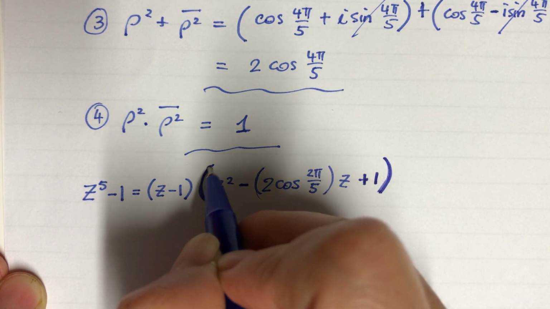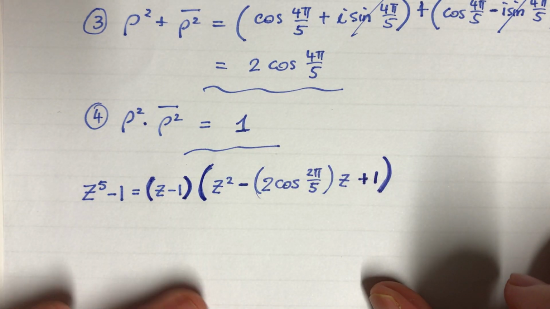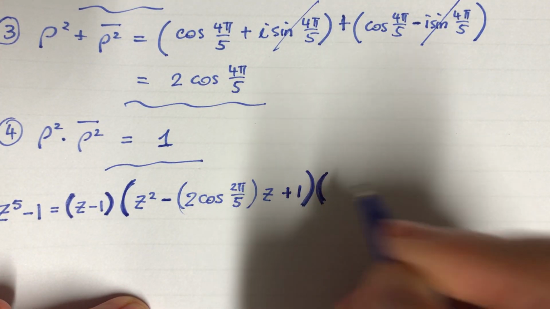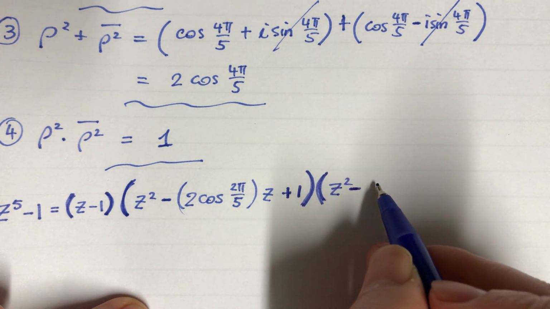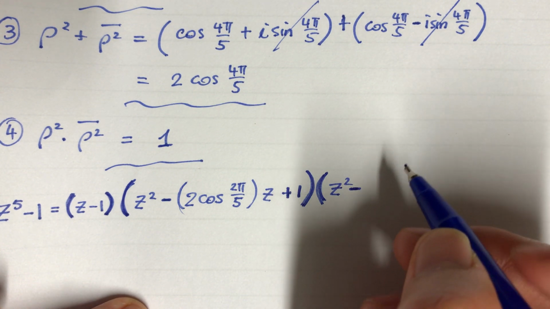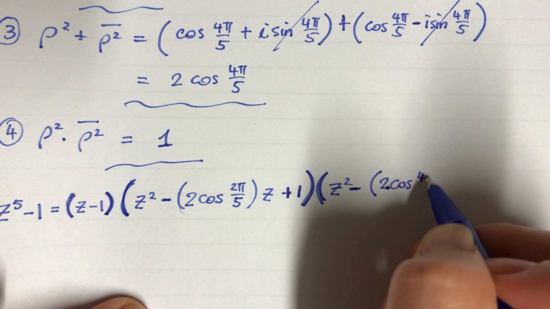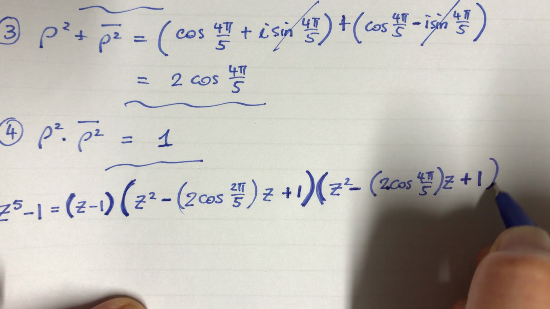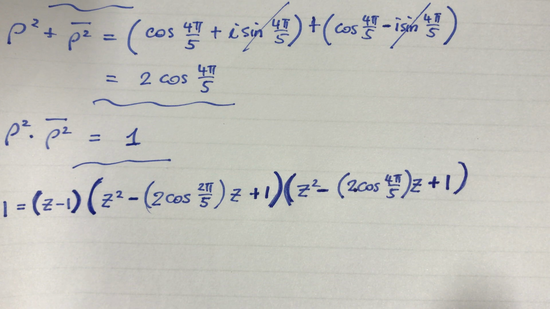So that is the first quadratic factor. Next one is z squared minus, now this is rho squared plus conjugate rho squared, so 2 cos 4 pi over 5 times z, plus 1. Okay, so that's what we had to get. So that's the answer to part B.